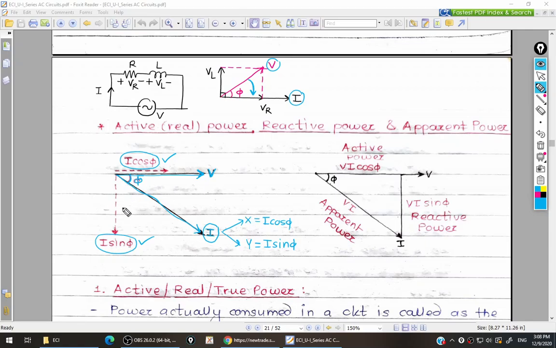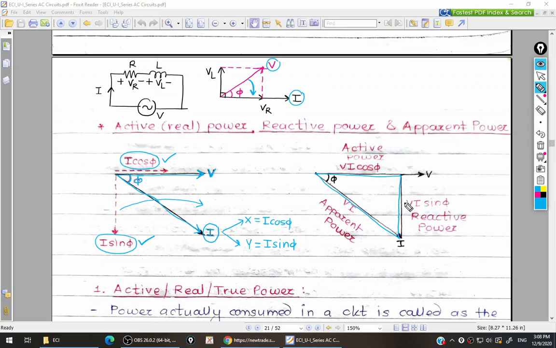Now I am shifting this I sin phi to this side. Your original voltage is like this, then your current I is like this. Now you have shifted this I sin phi to this side, so you are getting I sin phi like this.